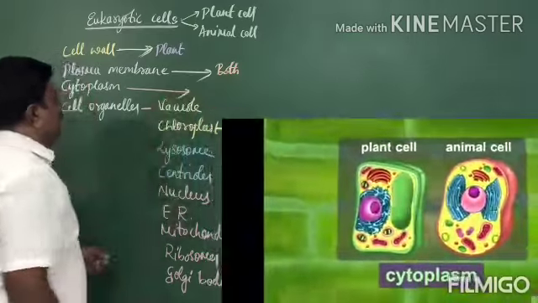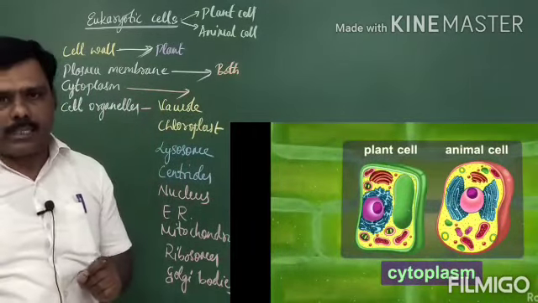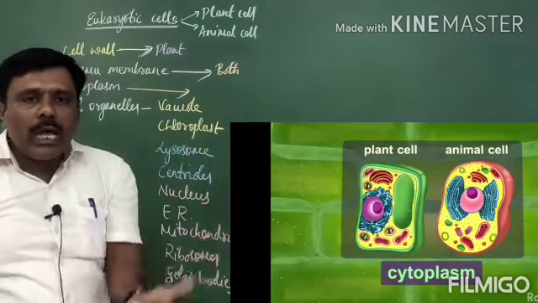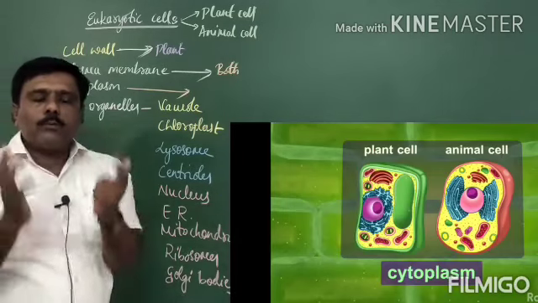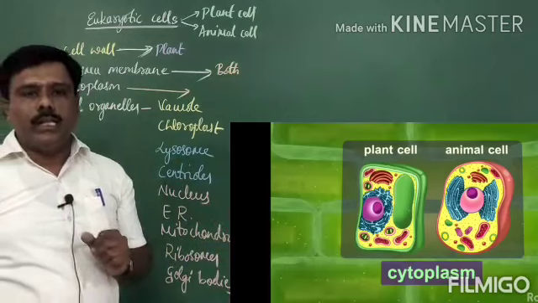The inner content of the cell, whether it is a plant cell or an animal cell, is said to be the protoplast, right? That protoplast has cytoplasm and nucleus.